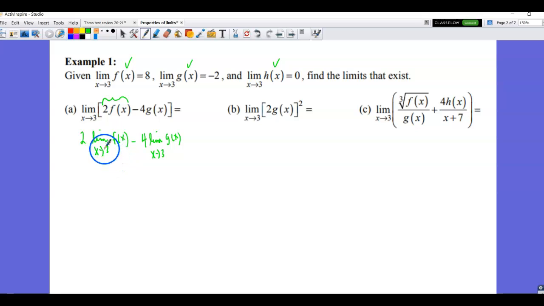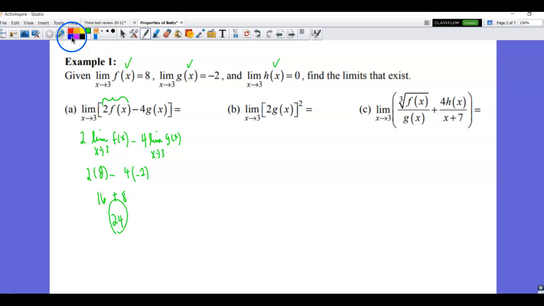In the prompt, they tell me that the limit as x approaches 3 of f of x is equal to 8, so I'm going to replace that. The limit as x approaches 3 of g of x is equal to negative 2. So that gives me 16 plus 8, which is 24. And so that's how you handle that one using the properties.